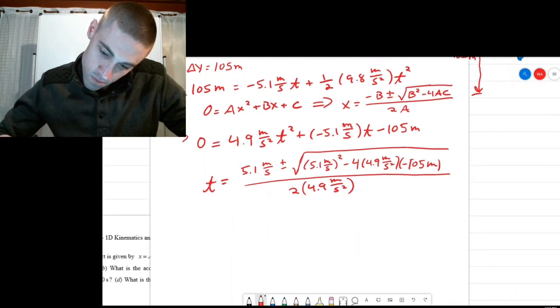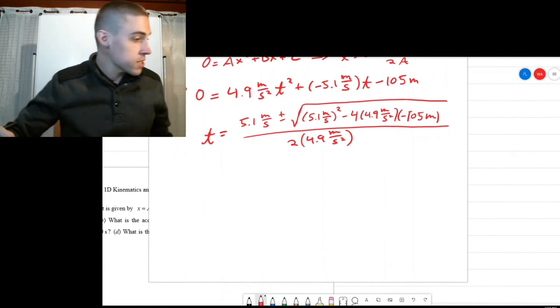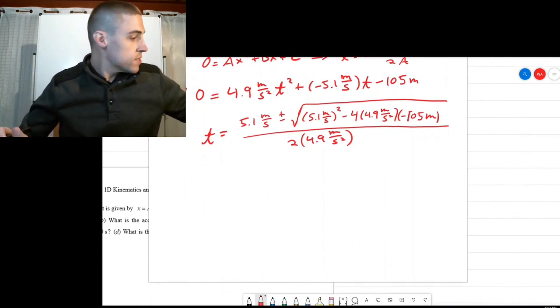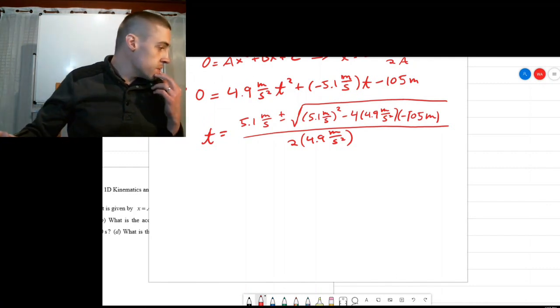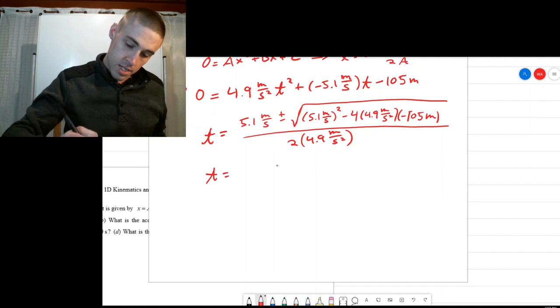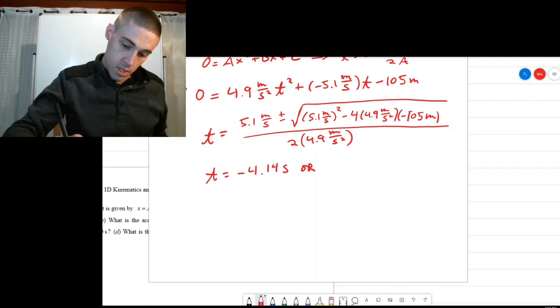Okay, so if I plug this into my calculator, I get that the time is going to be either minus 4.14 seconds or plus 5.18 seconds.